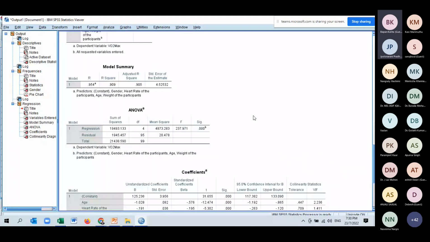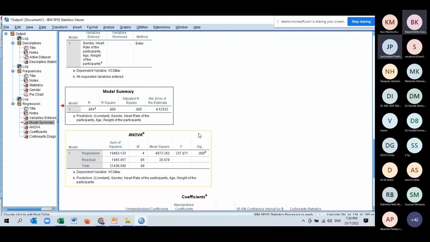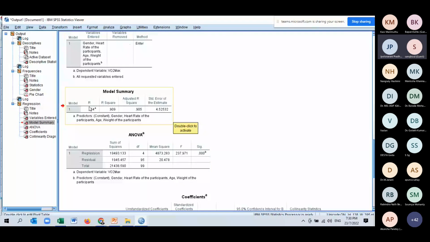So the first table is the model summary. R is nothing but the multiple correlation of the independent variables with the dependent variable, the relationship is 95.4%.